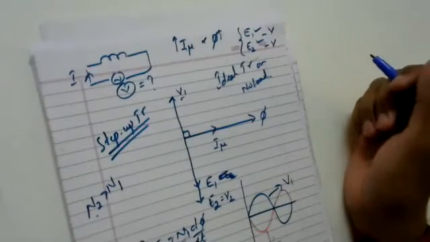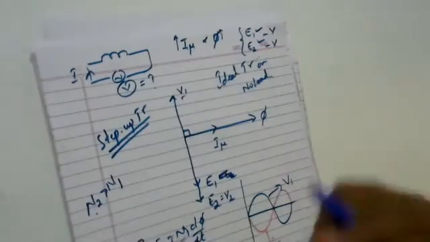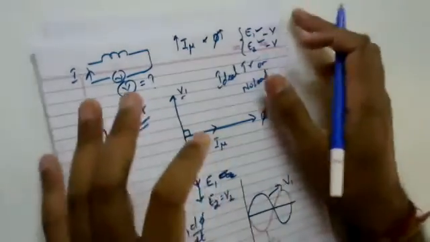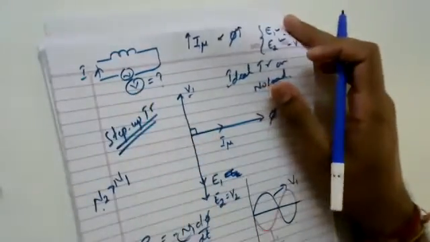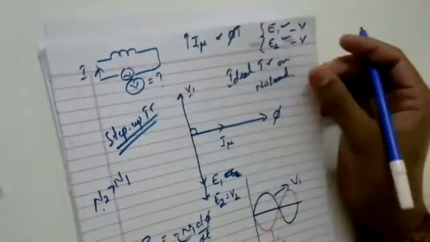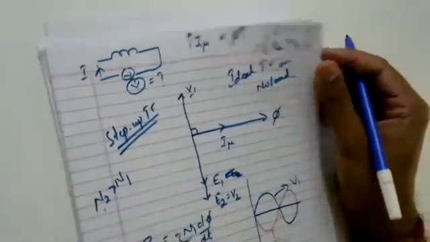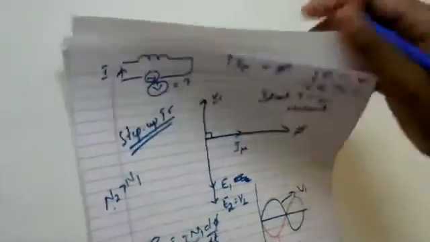Any doubt? Yes, I had one question which I just saw, about what these magnetic losses are. Normally, in your electrical circuits, you'll have two types of circuits.